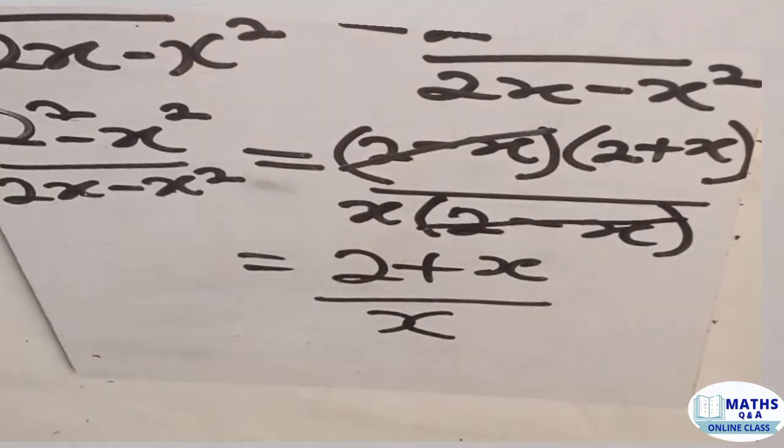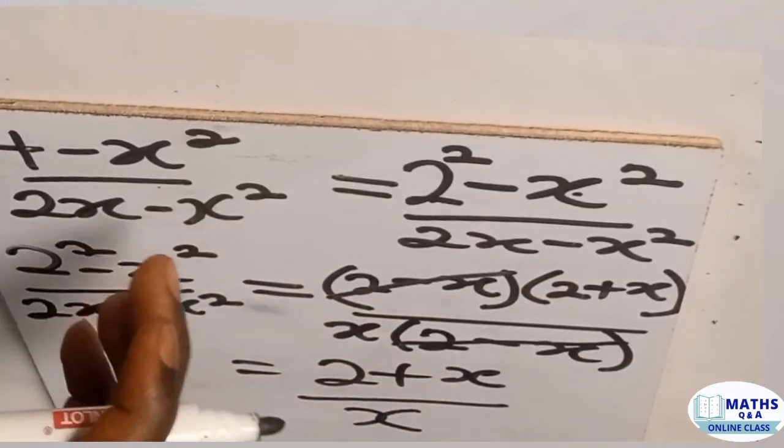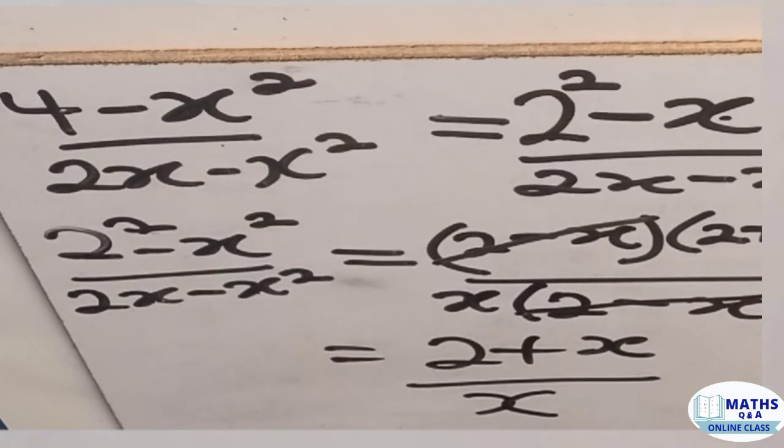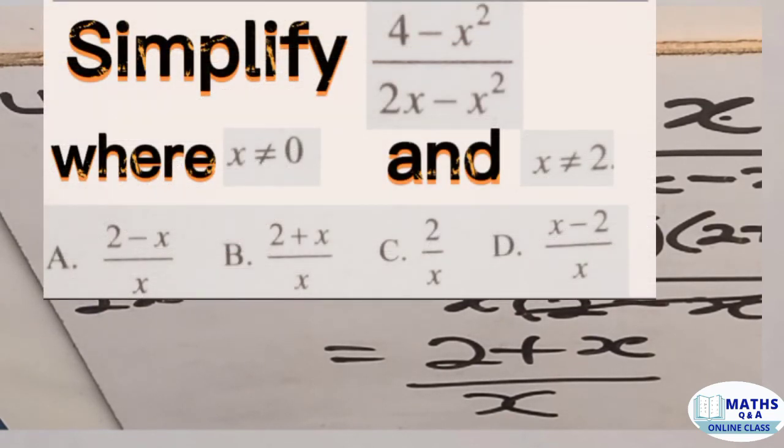So we have 2 plus x divided by x. So that is the simplified form of the algebraic expression 4 minus x squared all divided by 2x minus x squared. Now let's go to the question given to us and figure out which one is correct. When you look at all these options given, you see that the answer is what? B, which is 2 plus x all divided by x.